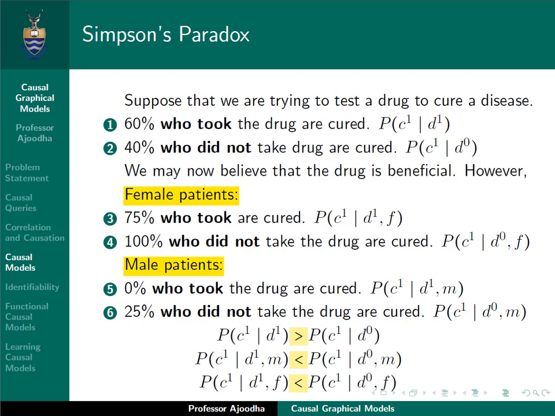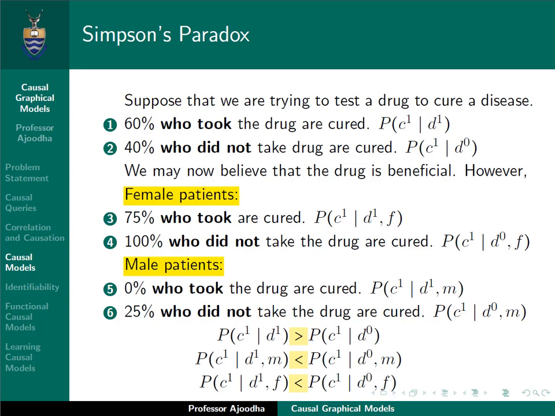When we combine all the data, the drug appears beneficial in 1 and 2, but when we look within the relevant subgroups, the conclusion reverses. So the problem is not that the percentages were calculated incorrectly. The arithmetic is correct. The mistake is really the causal interpretation. This is why the structure of the model is very important, and I'll show you an example of the structure on the next slide.